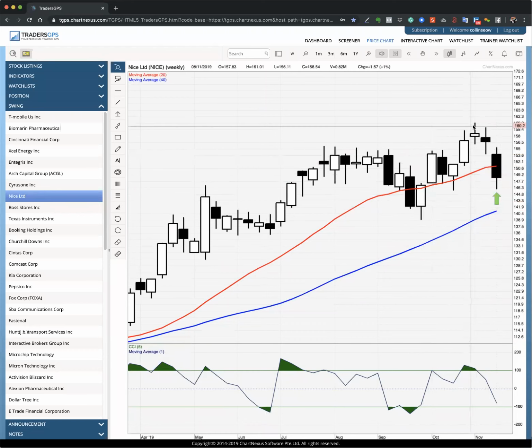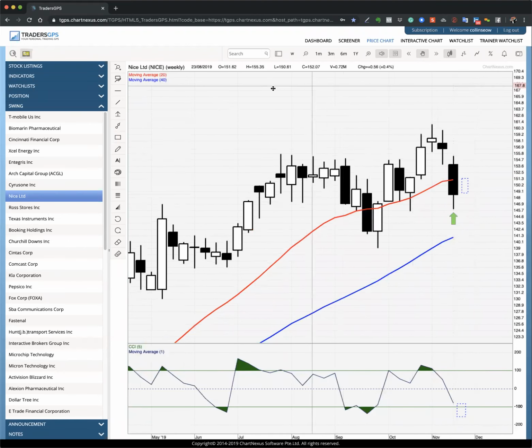Then from here make a high. Price is coming back down into the MA, and then we have the CCI. Hopefully the next candle will start to consolidate. We have a small CCI going to oversold, and then if the next candle goes up, I think not bad. Then this will be quite nice.